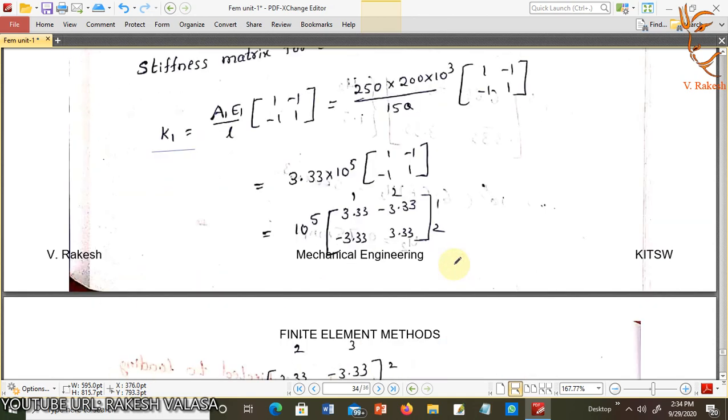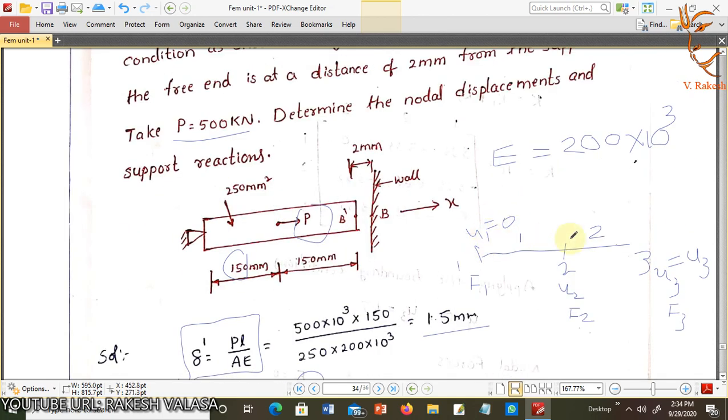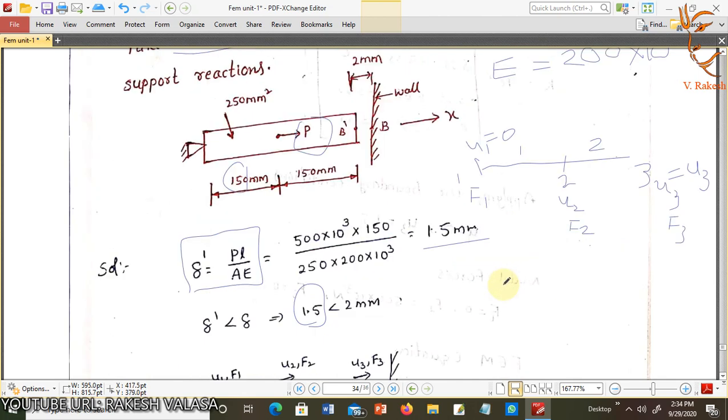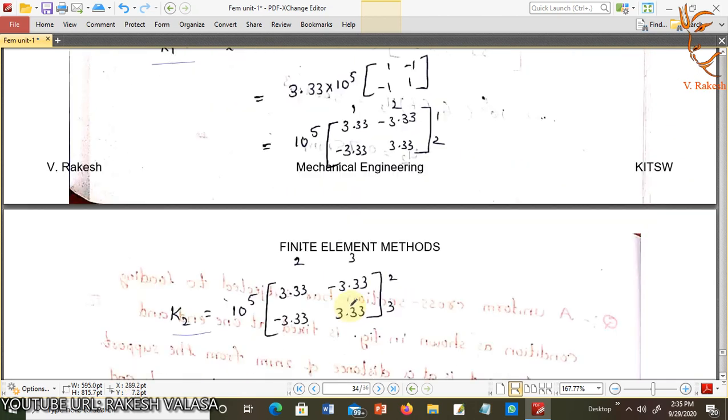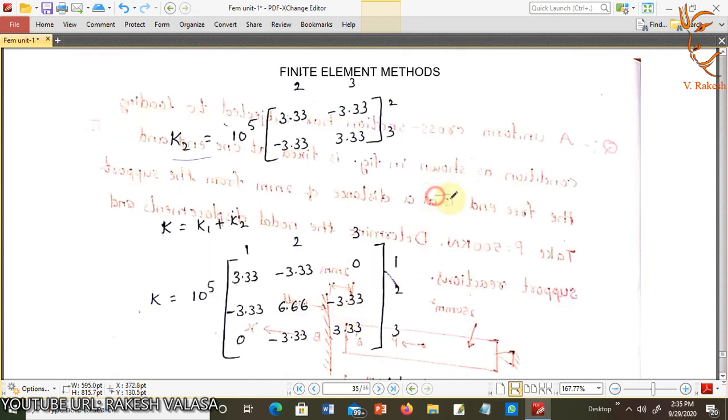The given problem having two elements and 3 nodes. So the final global stiffness matrix size is 3 by 3. You can write here 1 2 3, 1 2 3. Now by using K1 K2 you can fill this matrix.